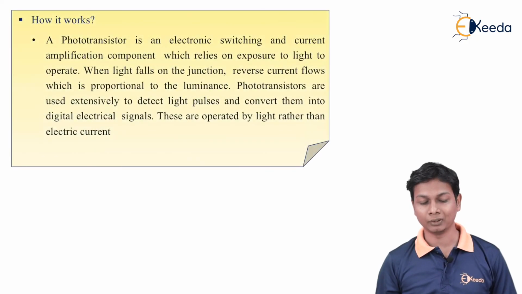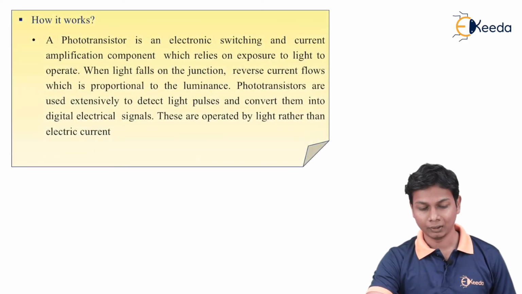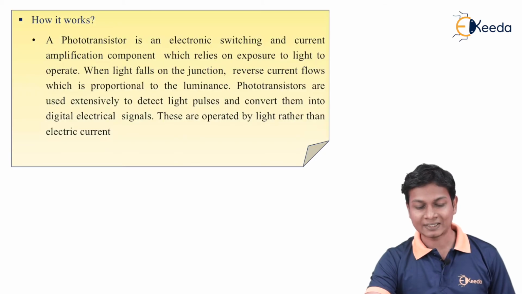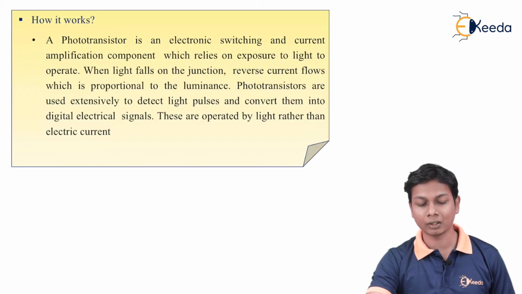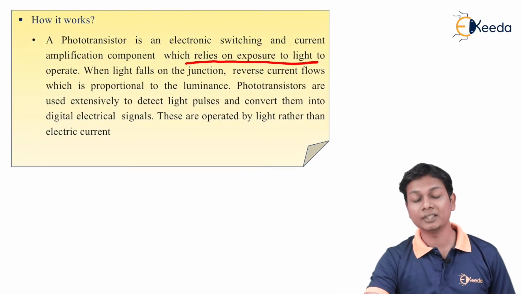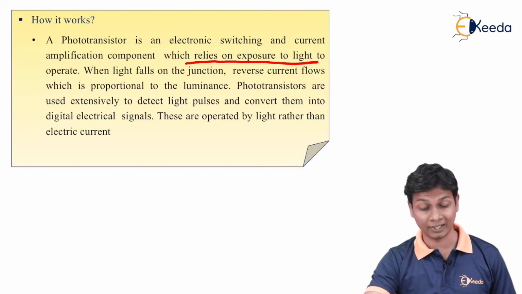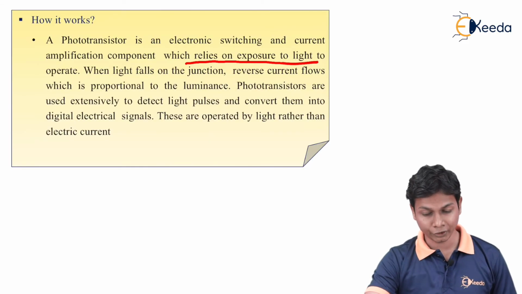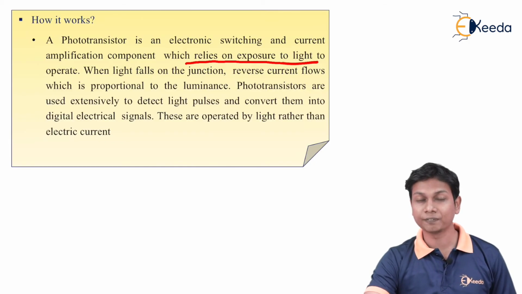Now the principle, or how it works. A phototransistor is an electronic switching and current amplification component which relies on exposure to light. It depends upon the exposure of light to operate. When light falls on the junction, reverse current flows through the device which is proportional to the luminance of the light.